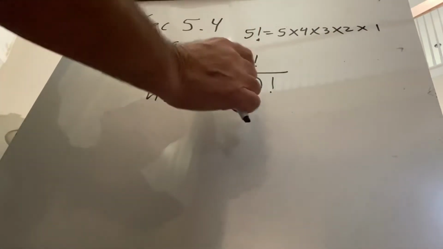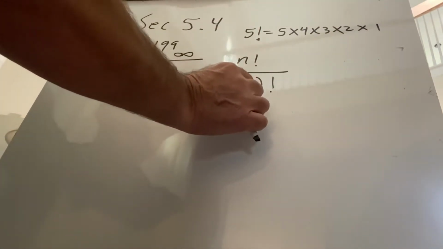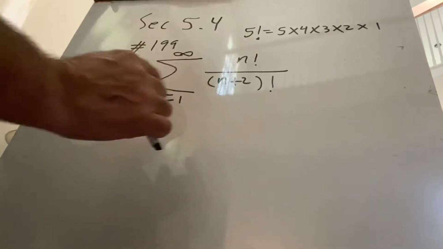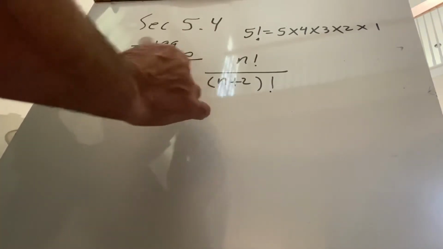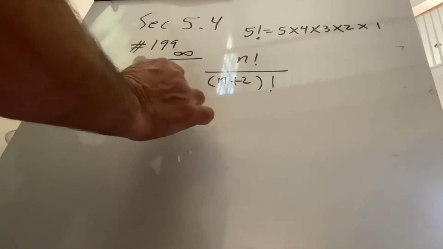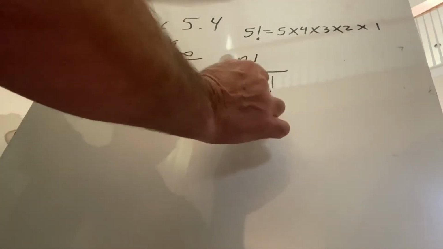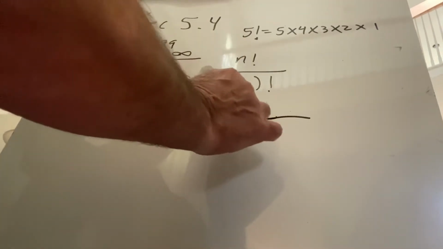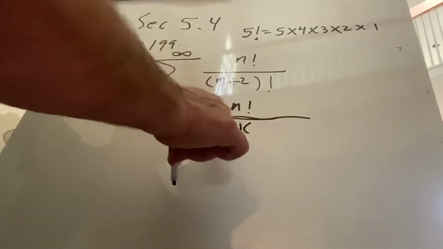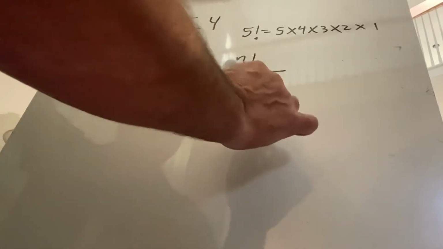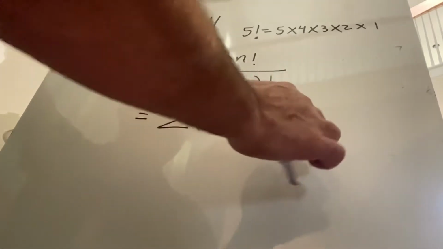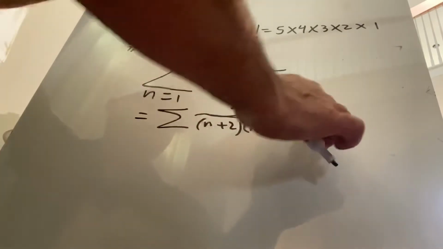If you make that observation, you notice that n plus 2 factorial really has n factorial in it. Let me rewrite this. It's the same thing as n factorial over, now n plus 2 factorial would be, starting from the number itself, n plus 2, then subtracting 1 gives n plus 1, and then the next one would be n, times n minus 1, which is exactly what we have upstairs, n factorial.